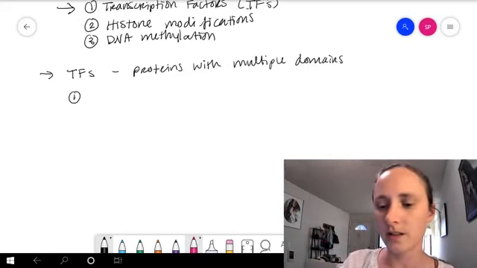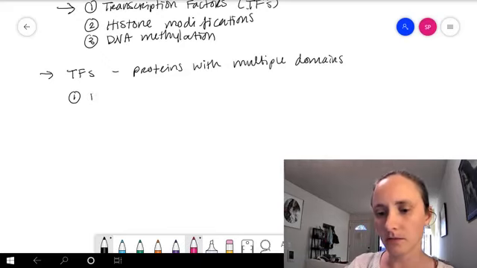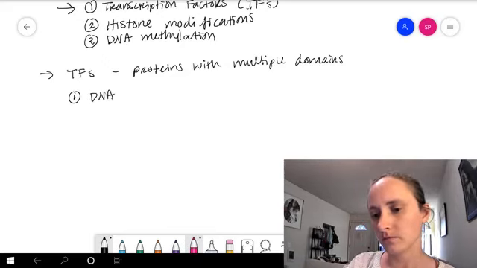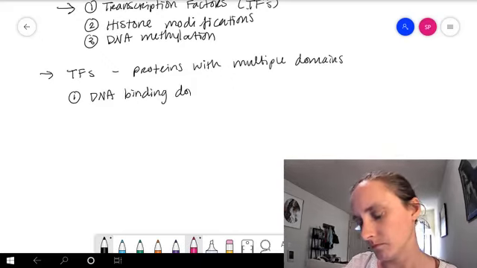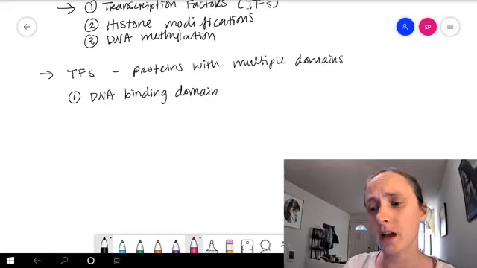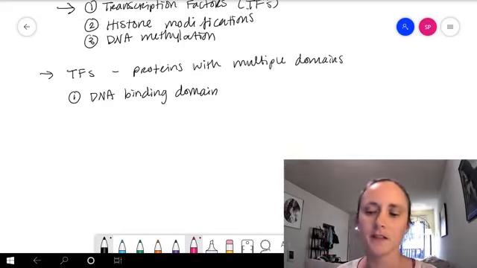The first is the must-have: anything that can be called a transcription factor must have a DNA binding domain. Now, there are other proteins that help to regulate gene expression, but they only get to be termed TFs if they are able to bind to DNA themselves.